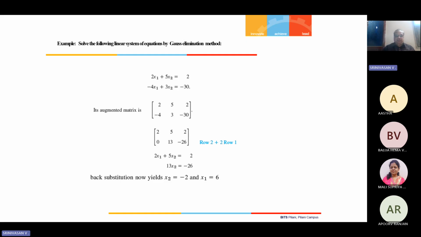And then, of course, here you can write R row 2 plus 2 times R1. Or if you want to follow this notation, R2 means row 2, capital R suffix 2, arithmetic operation plus 2 times, so 2 into R1.